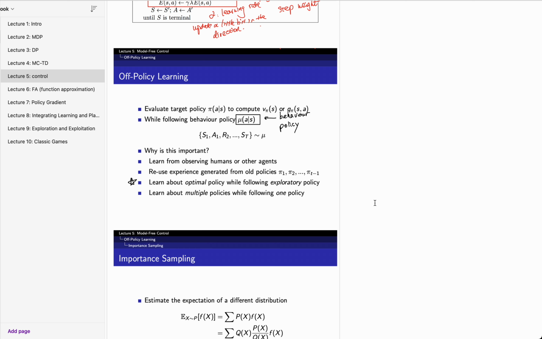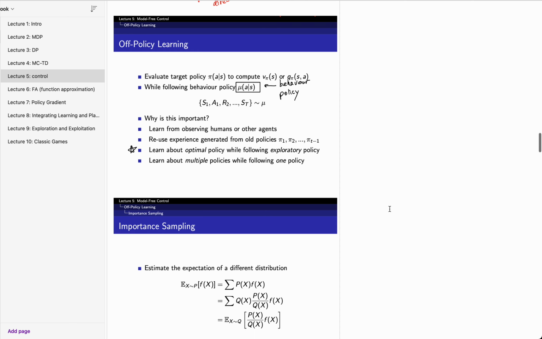So this is the randomness concept I was talking about earlier. The more you explore, the more chances of getting to an optimum path. So this is what it's saying here: you can learn by following exploratory policies. You learn random, but eventually it helps you get to optimum policies.